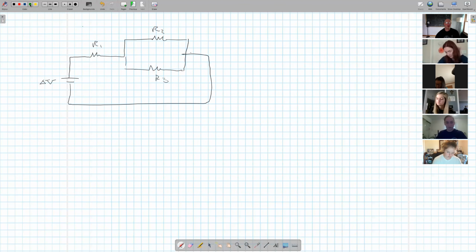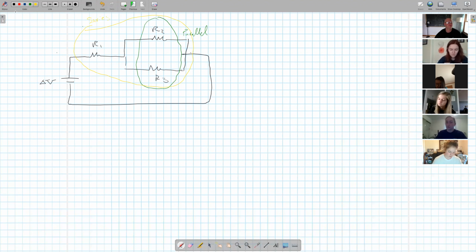The first thing we have to do is identify what's in parallel and what is in series. In this case, we can see that R2 and R3 are in parallel. Once I collapse these, which are in parallel, they are together with R1 in series.